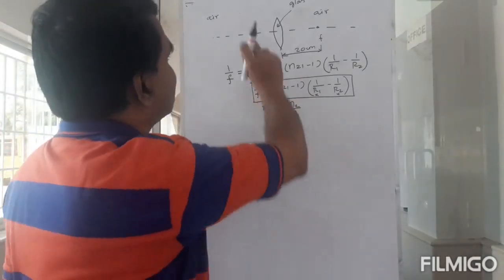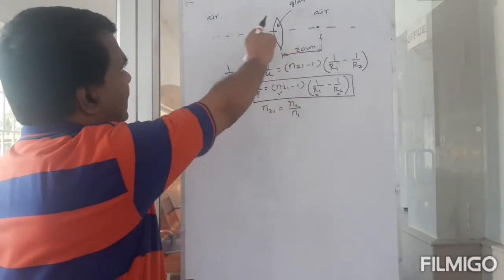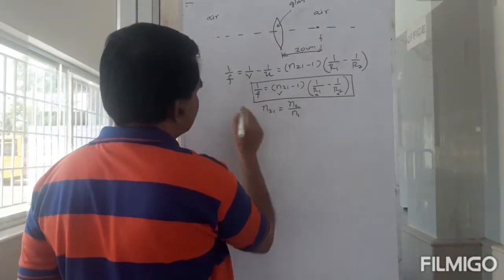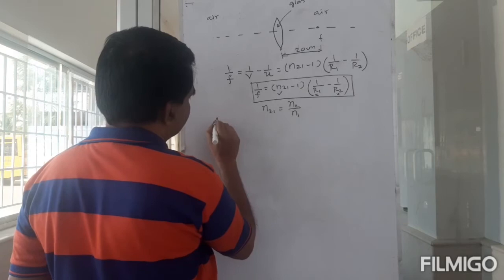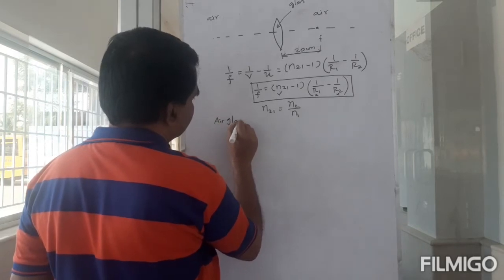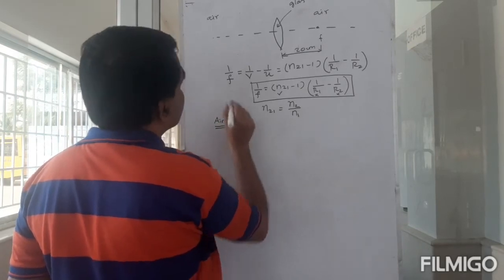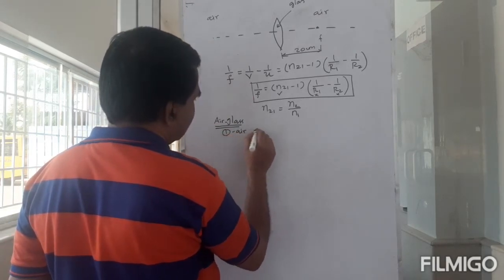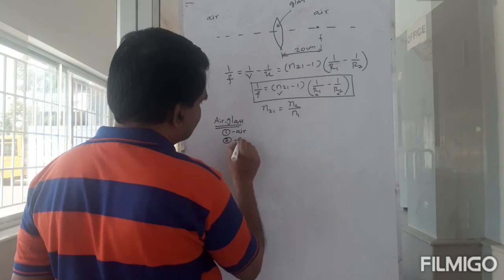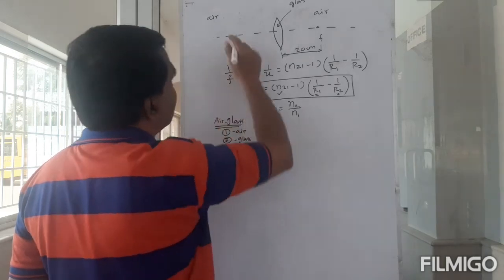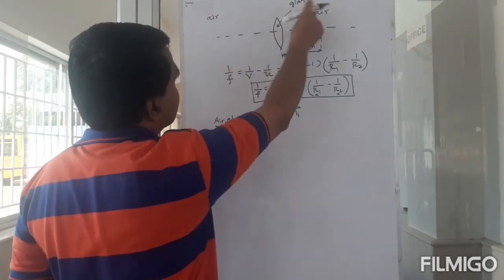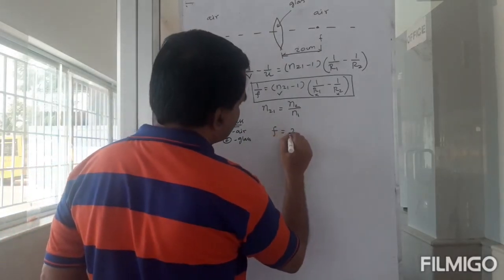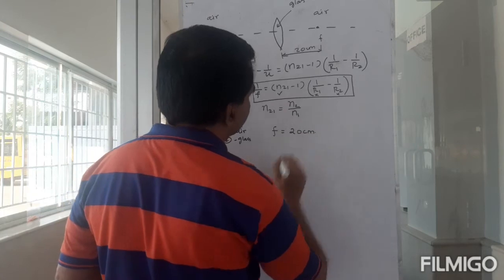First, let me take the air-glass case. They say the focal length is 20 centimeters, right? So the first case, air-glass. Medium 1 is air and medium 2 is glass. Air to glass to air. In this case, the focal length is 20 centimeters.